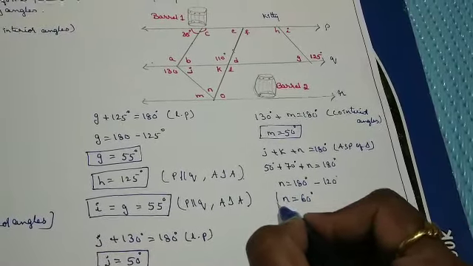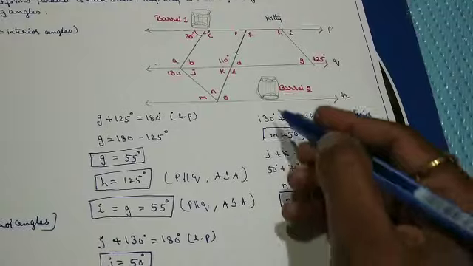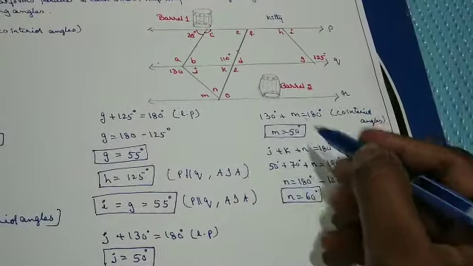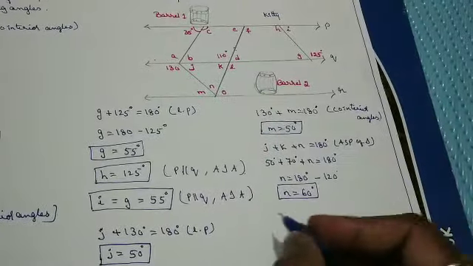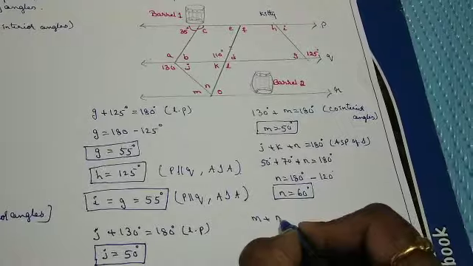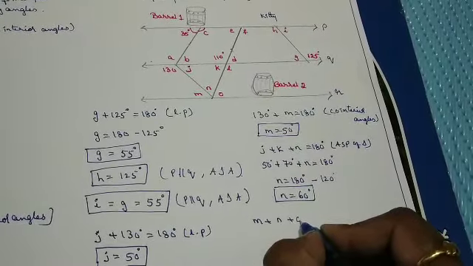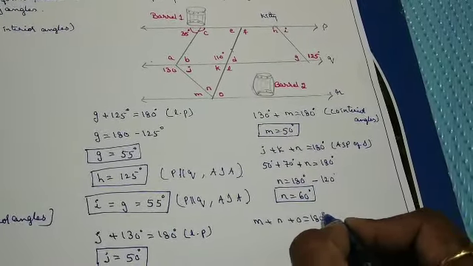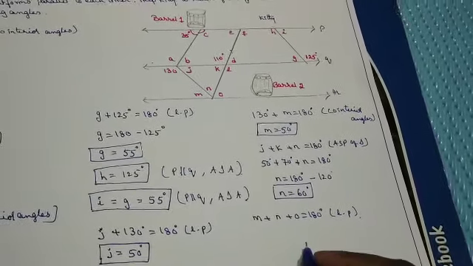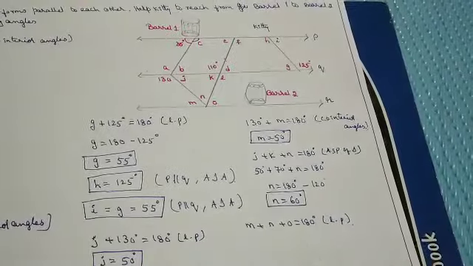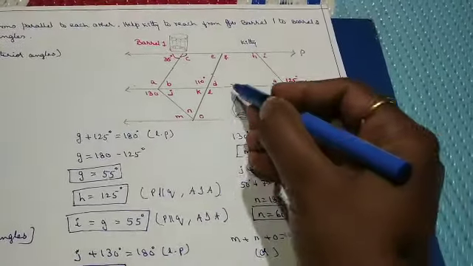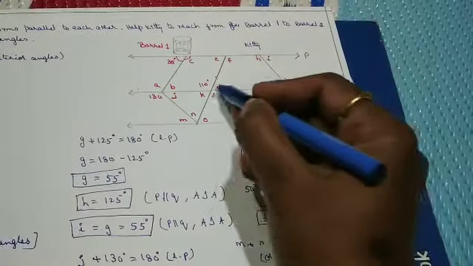We got N value. Then how this O is related with M, N and O? Yes, linear pair. Then N plus O equal to 180 degree, linear pair. Or I will apply the another concept, that is D and O. They are corresponding angles, right?